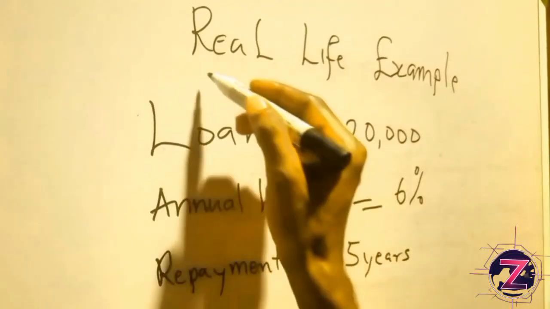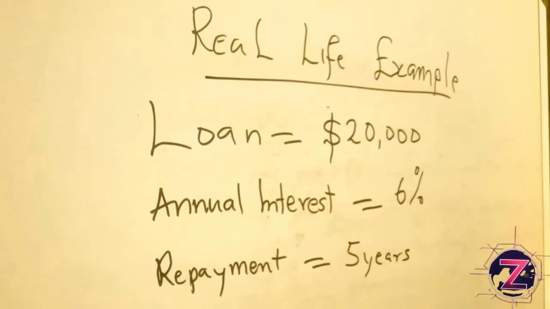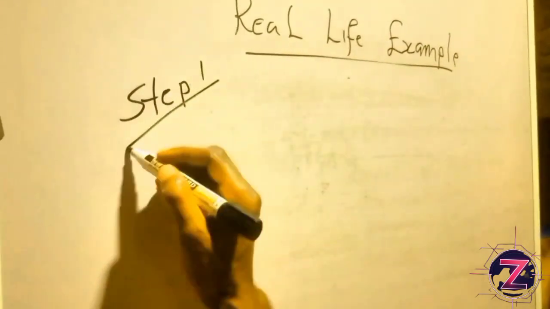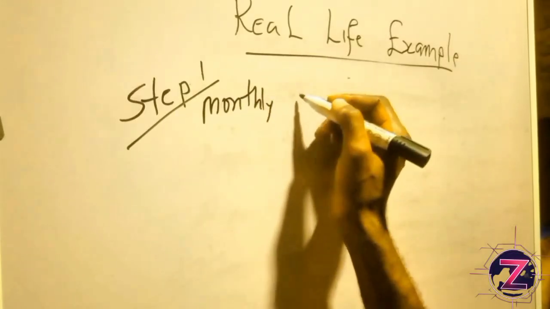Now here is the question. 1. Calculate the monthly interest. 2. Calculate the total repayment. In order to carry this out, let's consider a few steps first of all. Step 1: Monthly interest.